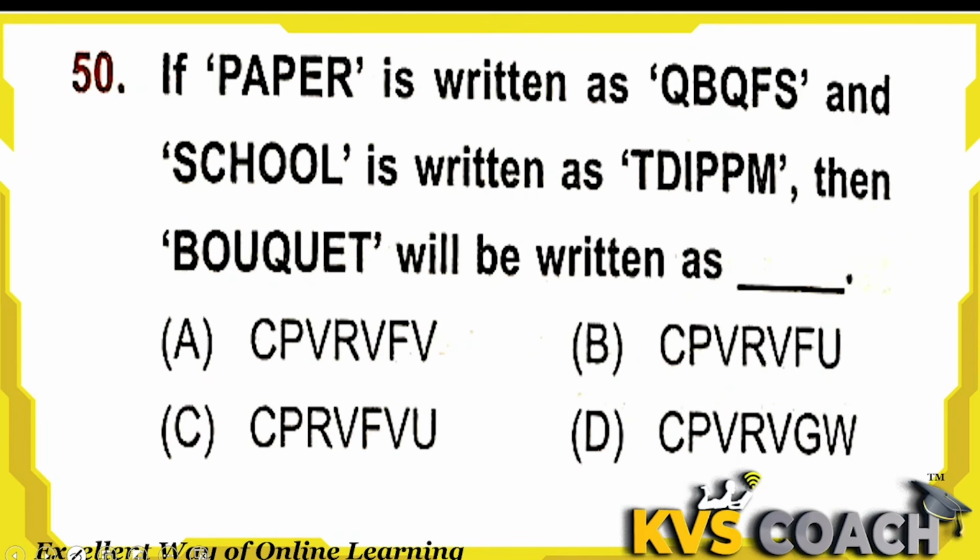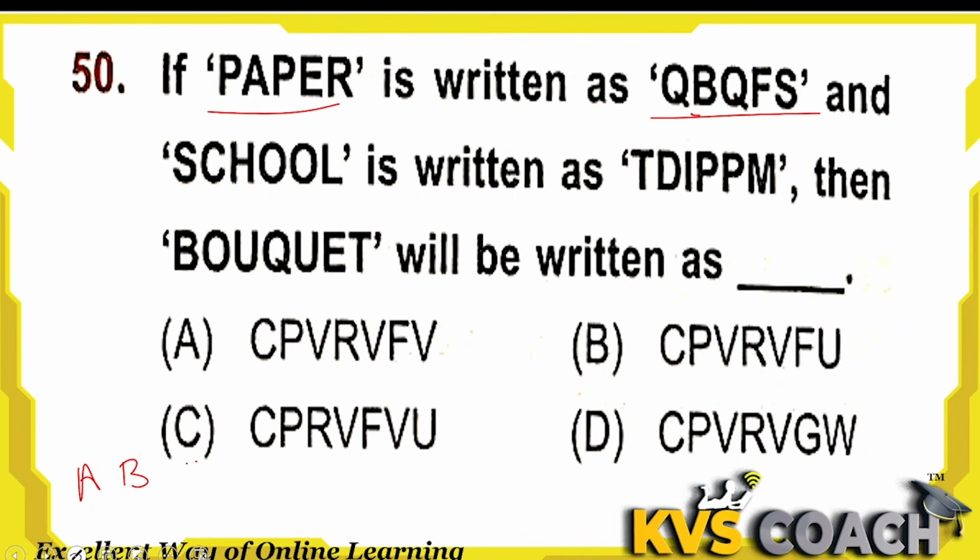Next is, if paper is written as QBQFS and school is written as TDIPPM, then bucket is written as what? Look, paper is written as QBQFS. So we need to write down the alphabets here. Let me take a space here.